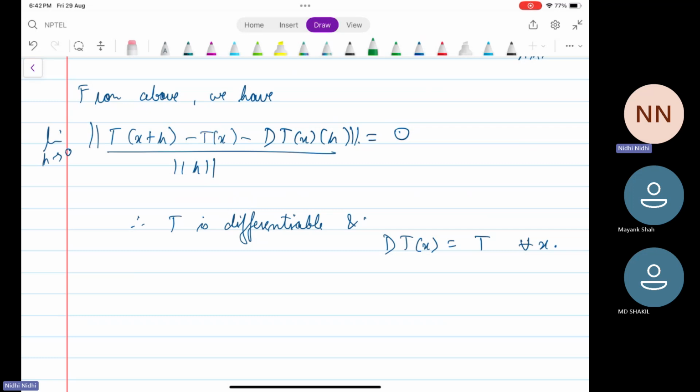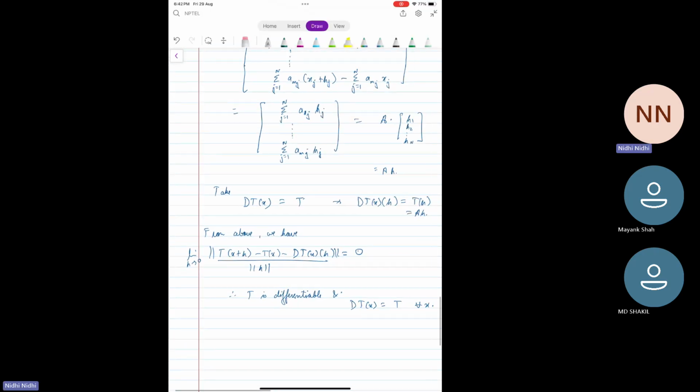If we have a linear transformation, then Tx will be of the form ax, and its derivative will always be equal to a. Here, this T is also the same as the matrix A. So that's how we can see this in one dimension. Therefore, our function is differentiable and its derivative is constant.